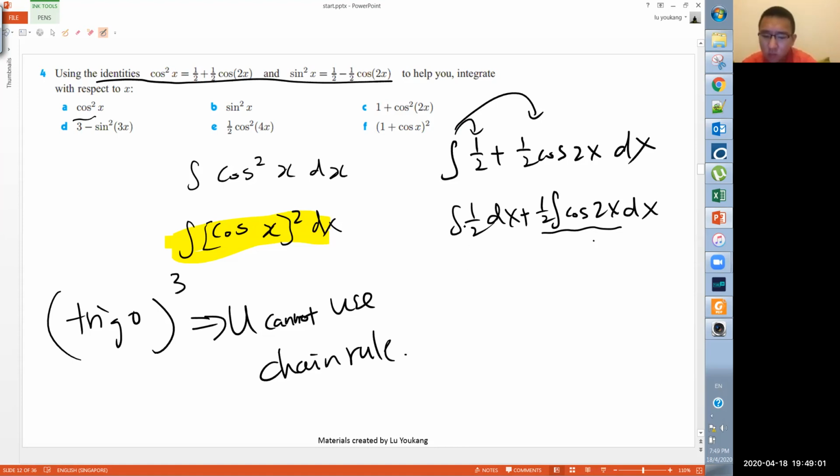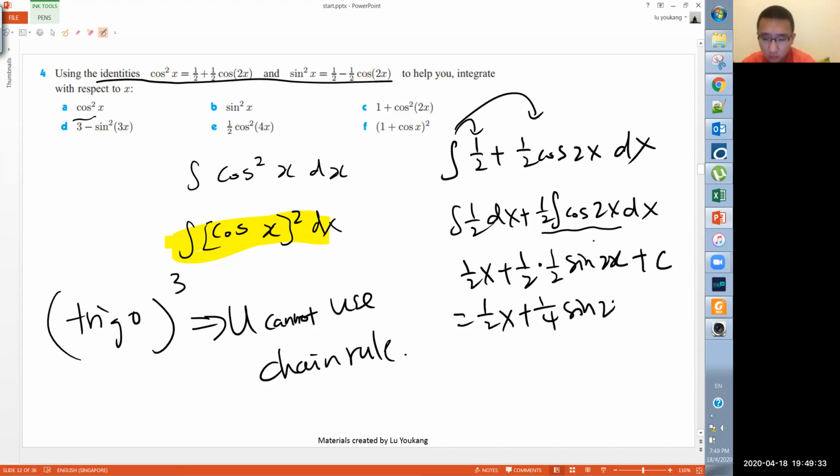Integrate half, you get half x. When you integrate cosine 2x, you are supposed to get sine 2x. And when you differentiate 2x, the 2 will be taken out, so you need to have half to cancel the effect of the 2. And plus c. Then you should be getting this as a result.